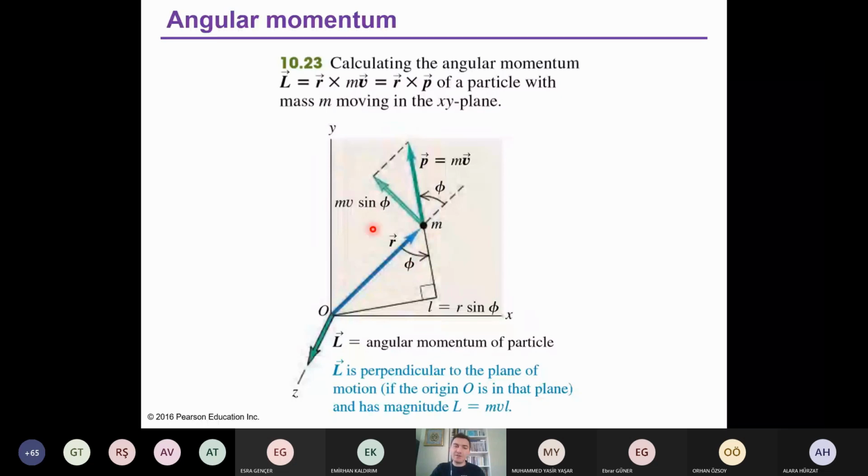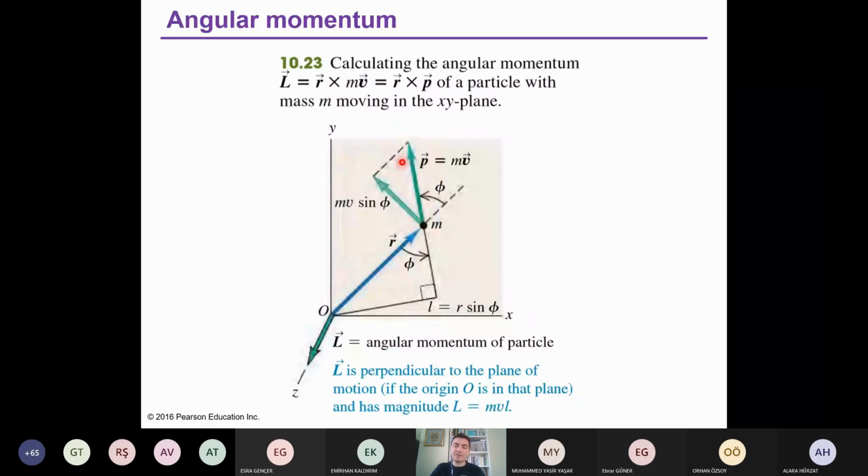And for the direction of the angular momentum, look at the vector product. Here we have r vector product mv. So we have the direction of the position vector, and the direction of the momentum vector.